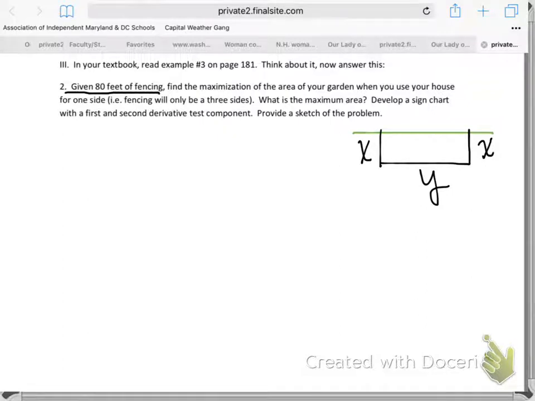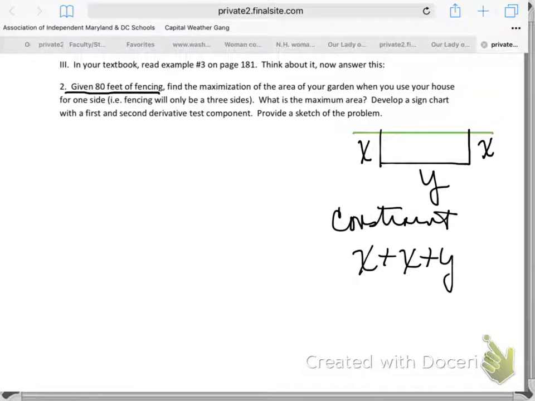So if we have 80 feet of fencing, given that we have 80 feet of fencing, so my constraint is that the fencing is going to go around this garden. So x plus y is going to equal 80. Okay, so that's going to be 2x plus y equals 80.